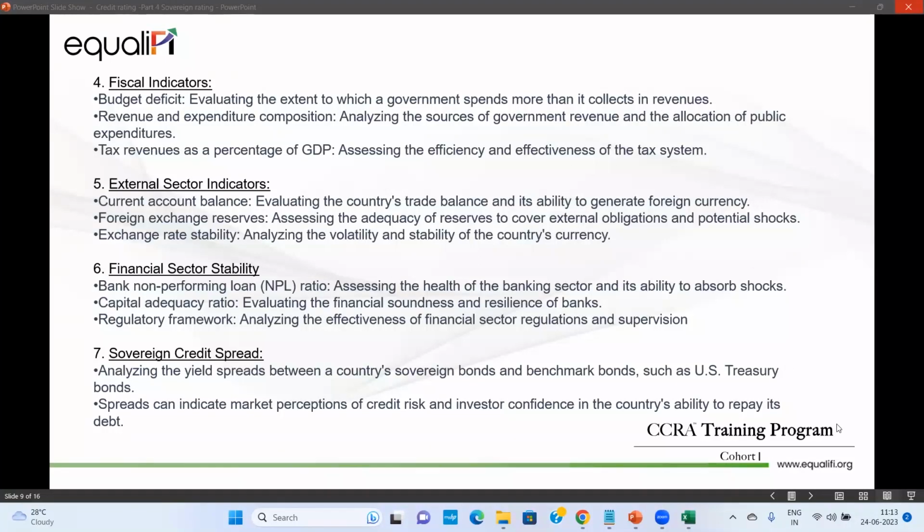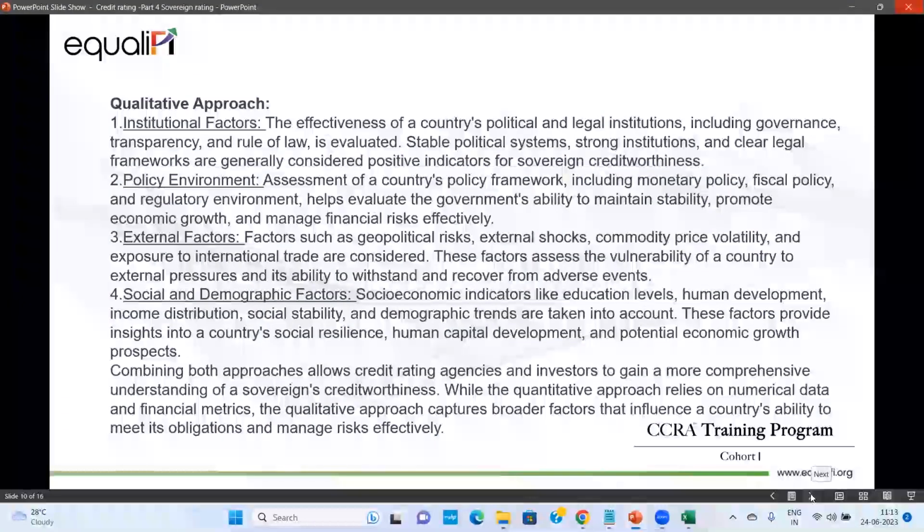Next, what are the qualitative aspects? The first point in the qualitative approach is institutional factors. How the country's political and legal institutions, including governance, transparency, and the rule of law, are evaluated.